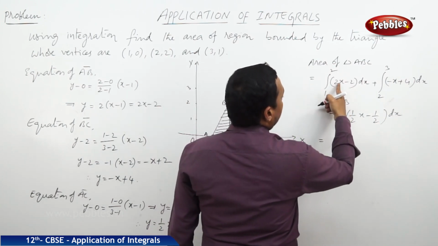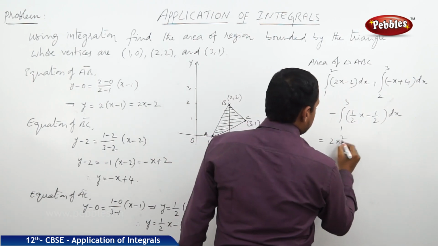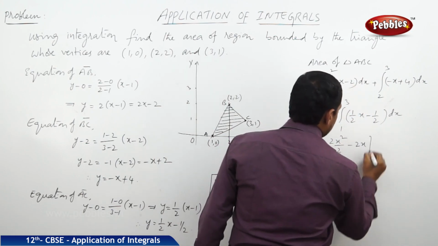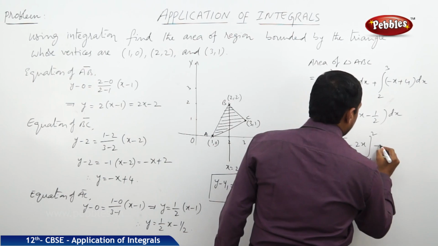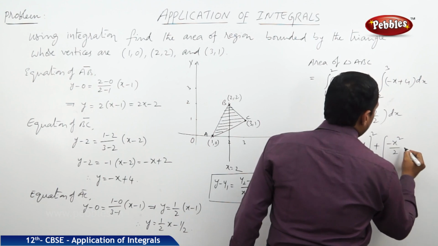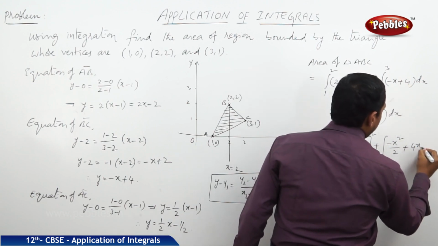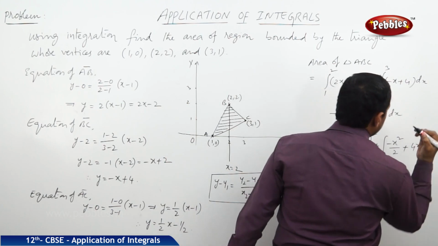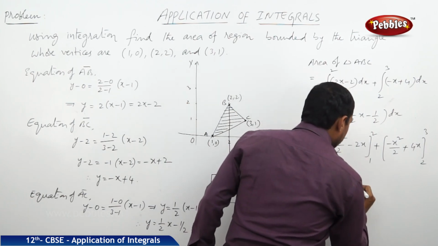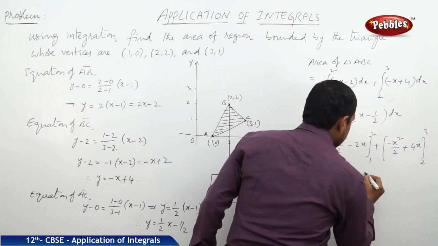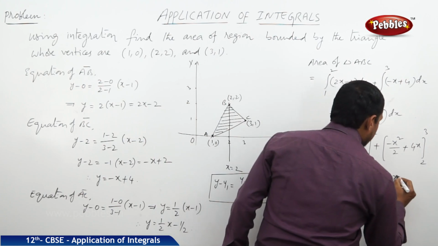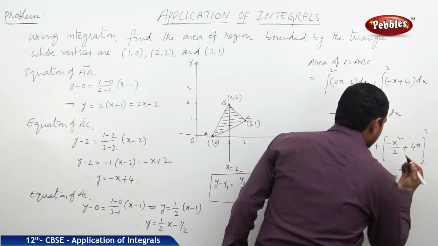Therefore, now integral of 2x is equal to 2 into x square by 2, minus integral of 2 dx is equal to 2x between the limits 1 to 2, plus now integral of minus x is equal to minus x square by 2, plus integral of 4 dx is equal to 4x under the limits 2 and 3, minus integral of 1 by 2 into x. Integral of x is equal to x square by 2, minus 1 by 2 into integral of 1 dx, x between the limits 1 and 3.